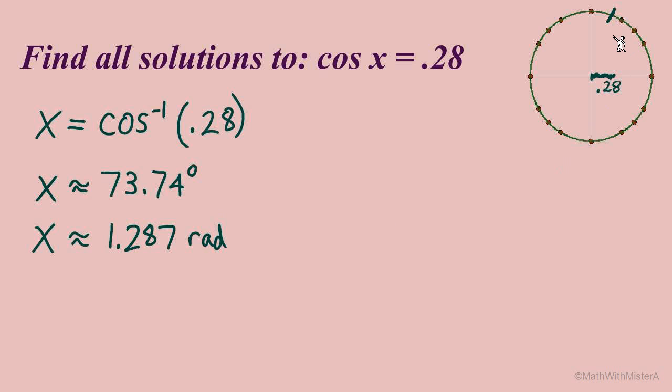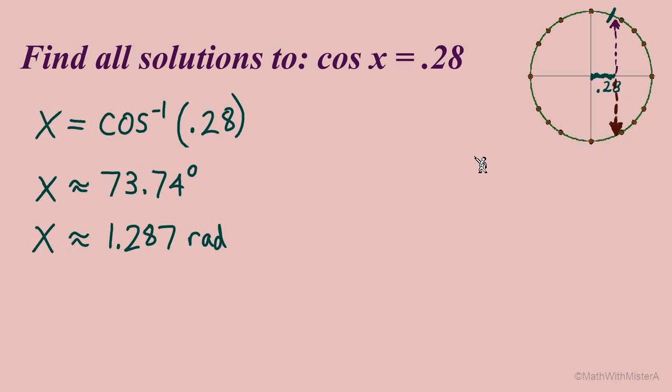We could find that vertical component using the Pythagorean theorem, figuring out what the sine value is, but if that sine value is positive, it corresponds to this point right here, about 73 degrees. But there is another point on the unit circle that also uses a horizontal component of 0.28, but can be found with a negative vertical component, with a negative sine value.